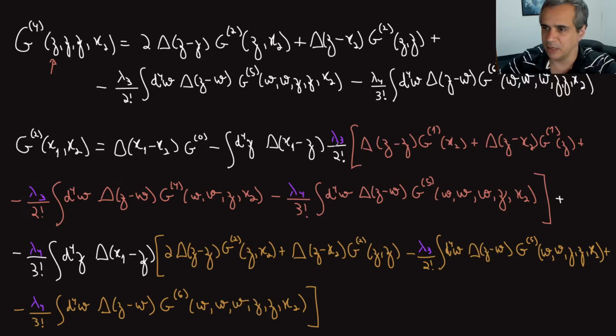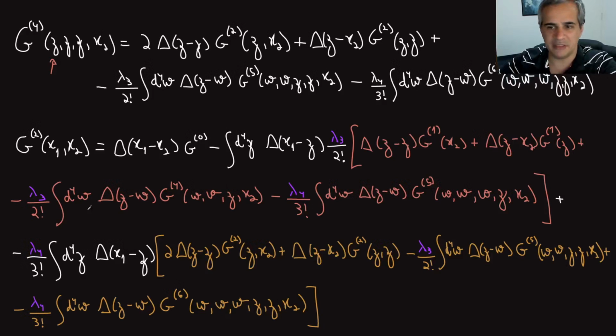right? So this term is linear on lambda 3, but this one is already proportional to lambda 3 squared, because there's lambda 3 out here and another one in here. This term is proportional to lambda 3 times lambda 4, so 2 powers of the coupling constant. So when I do that, at the same time I'm increasing complexity, I'm also increasing the powers of the coupling.